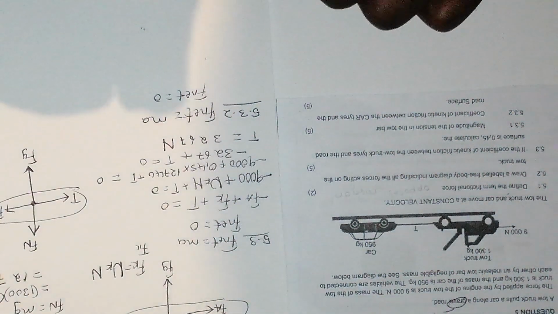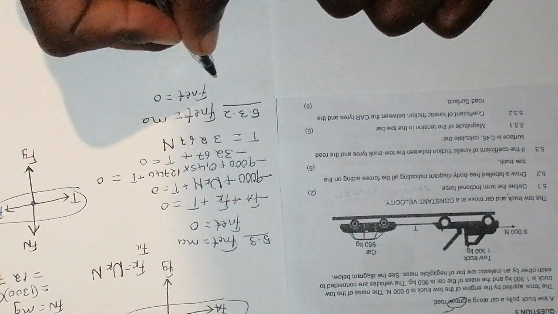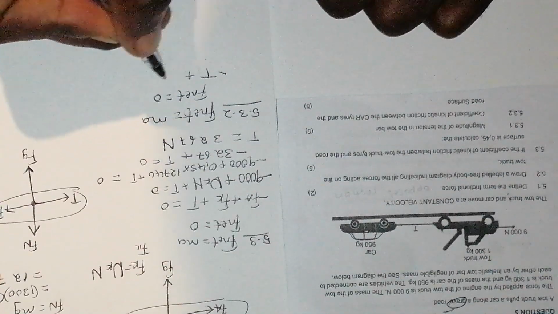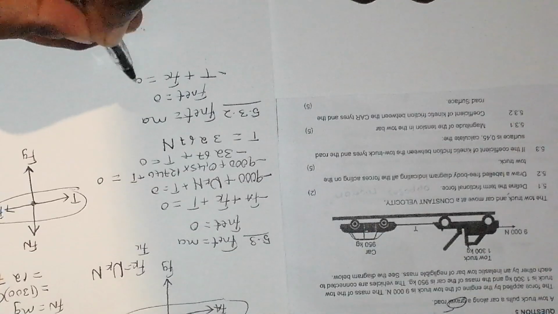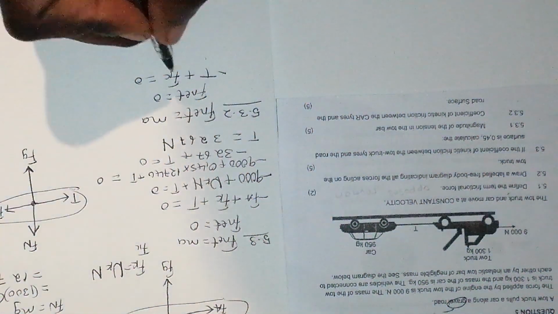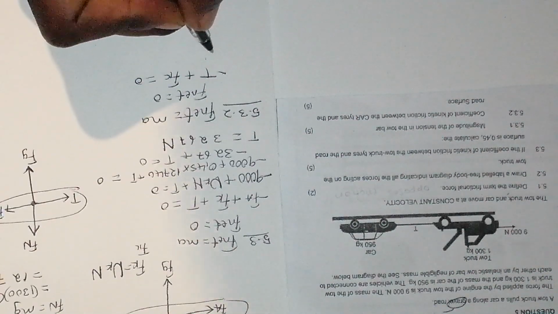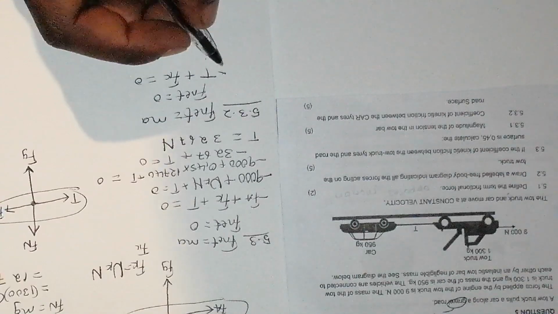All right, now what are we going to do here? Let us substitute the value of T. It's negative T plus Fk equals 0. What is it that they want us to solve? They want us to solve for mu k, the coefficient of kinetic friction between the car tires and the road surface.